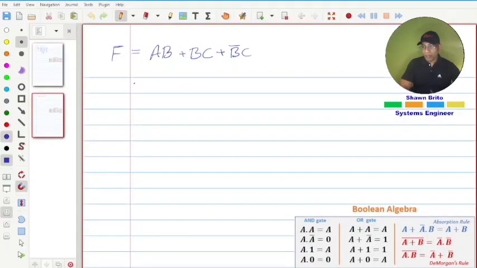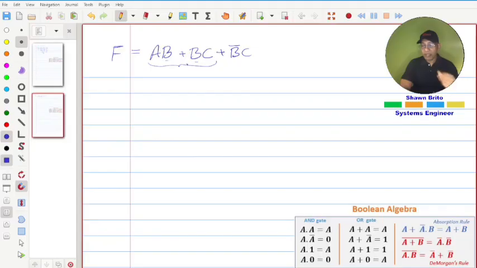If we look at this one, we can simplify it by taking the common value, which would be b.